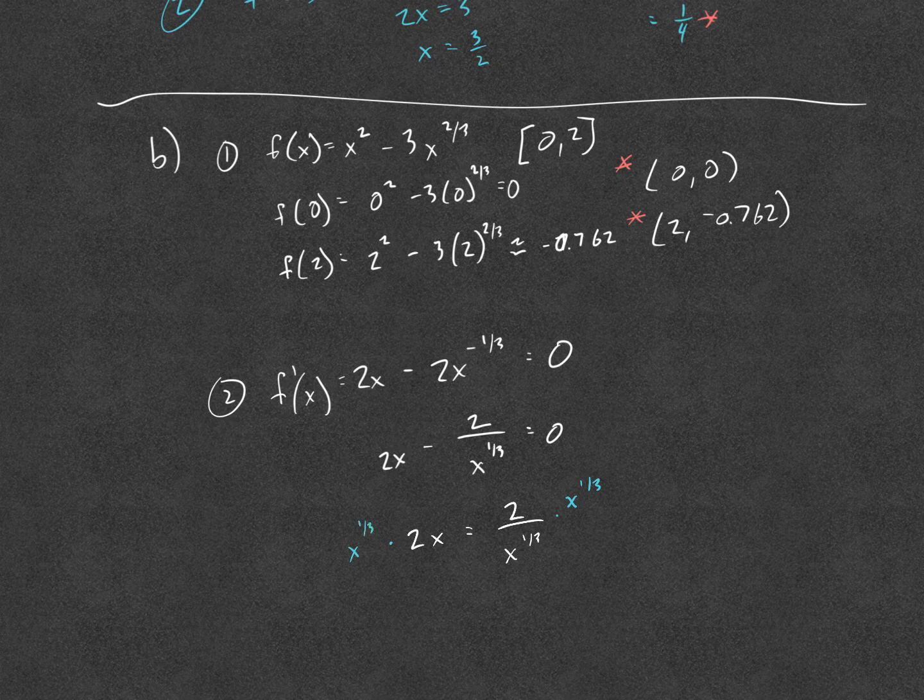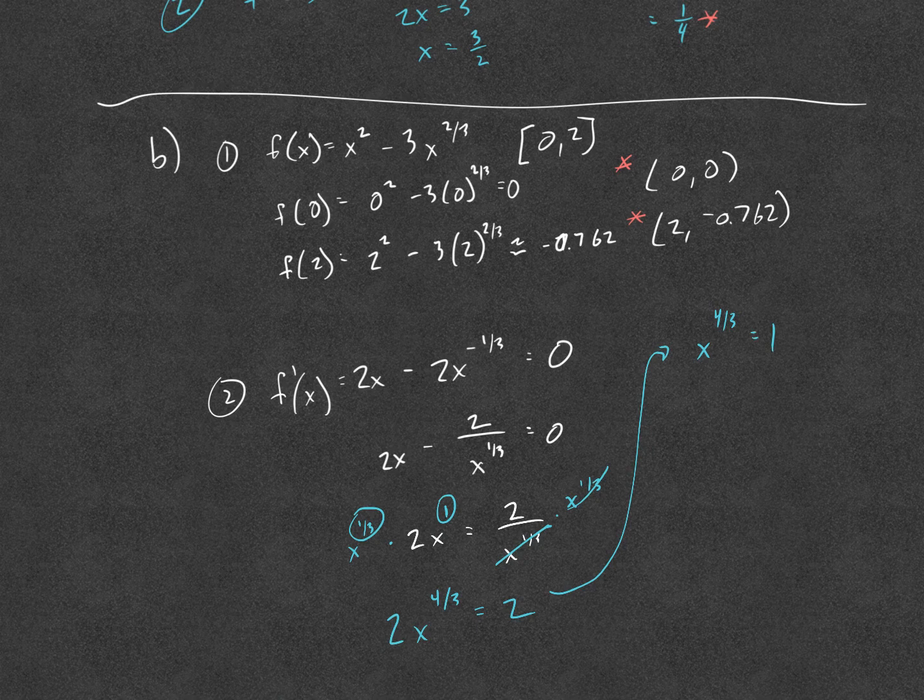And what that's going to do is this exponent and that exponent are going to add together. So on the left-hand side, I have 2x to the 4/3 power, and on the right-hand side, I have 2. I can divide both sides by 2. x to the 4/3 power is equal to 1.